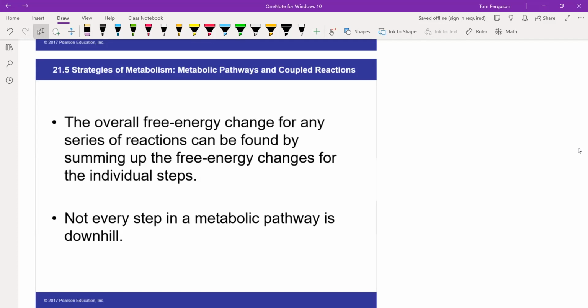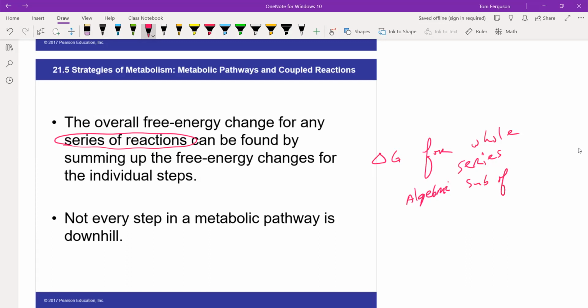Now, whenever we have a series of reactions, we take the algebraic sum of the delta G's for each reaction.